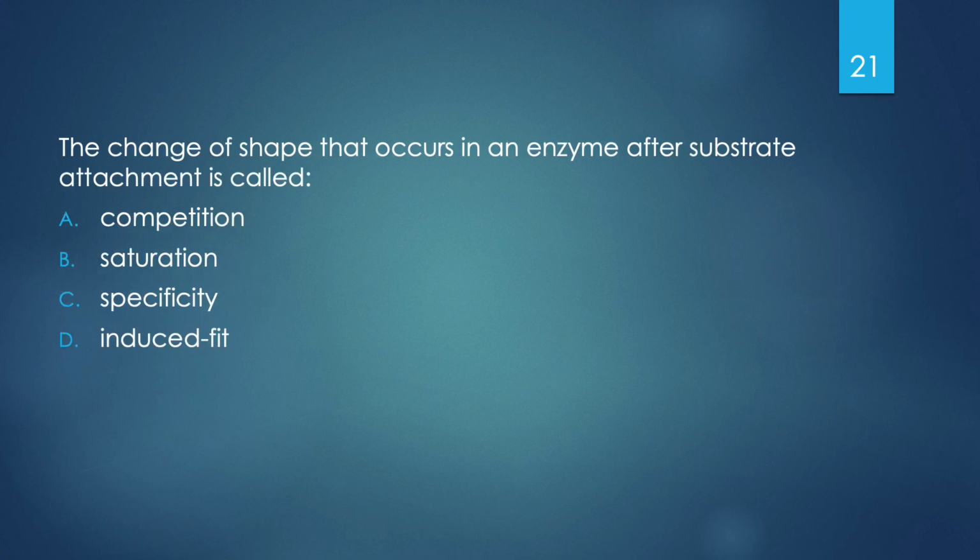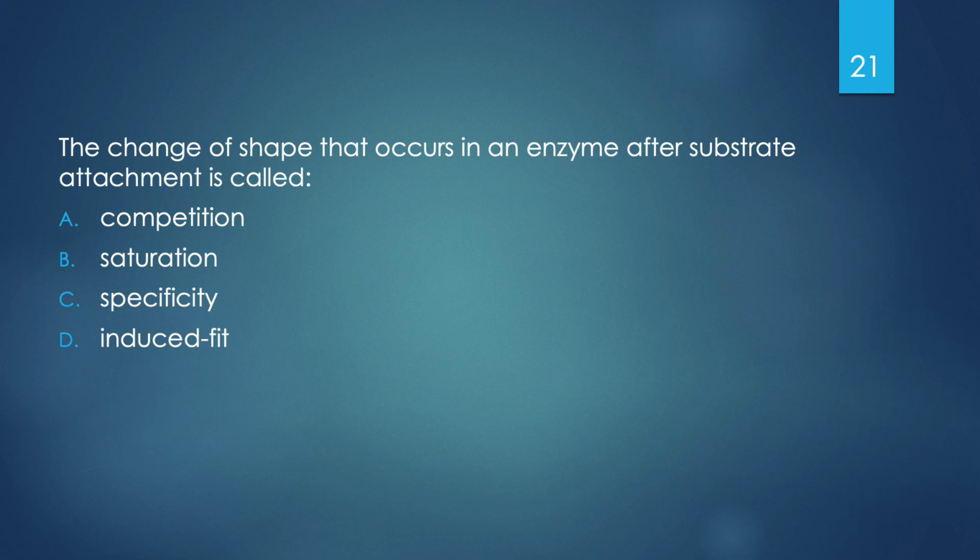The change of shape that occurs in an enzyme after substrate attachment is called A, competition, B, saturation, C, specificity, or D, induced fit. Now, options A, B, and C are all important elements of how an enzyme will be able to function, whether all the different active sites are filled so that way it's totally saturated, or if it's only going to fit a certain shape, so that's specificity, or for competition, which is option A, if you have two different enzymes of the same shape trying to fit into the active site.